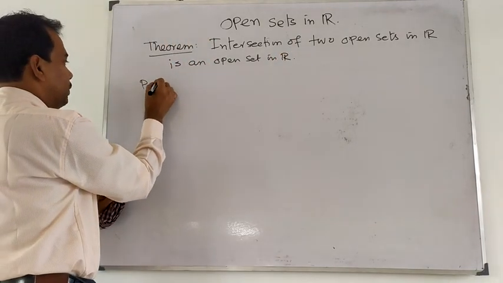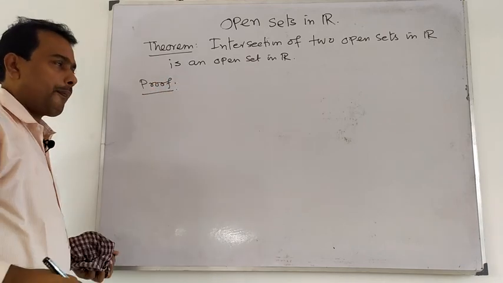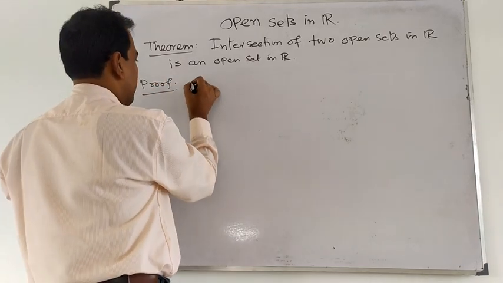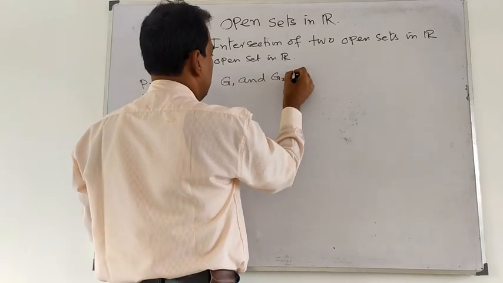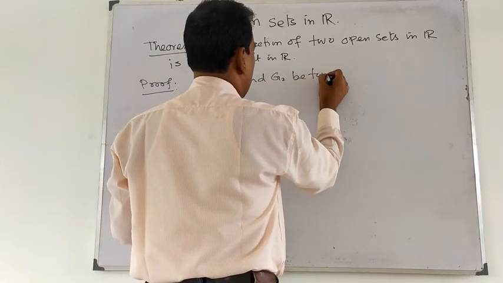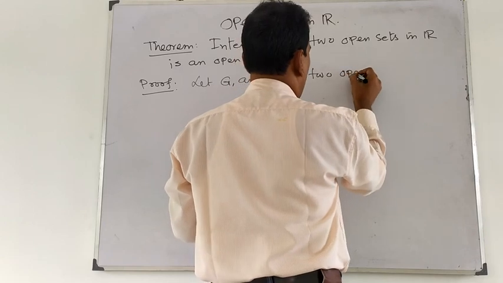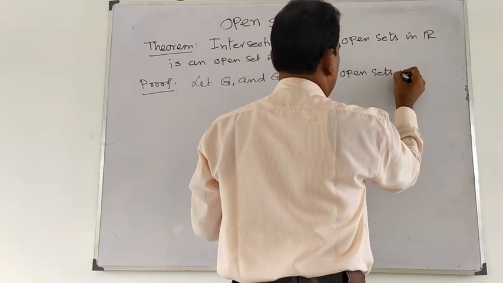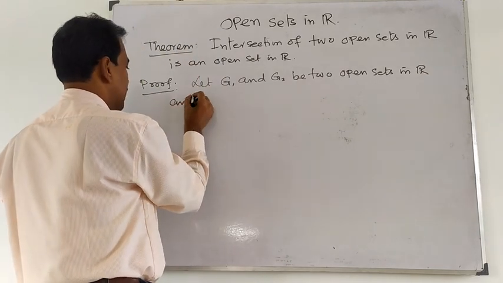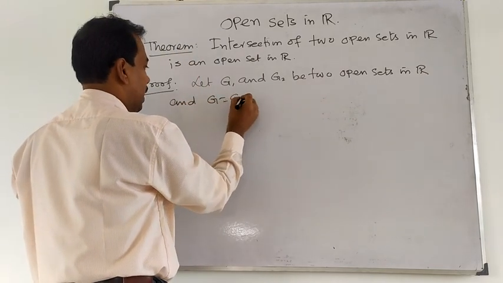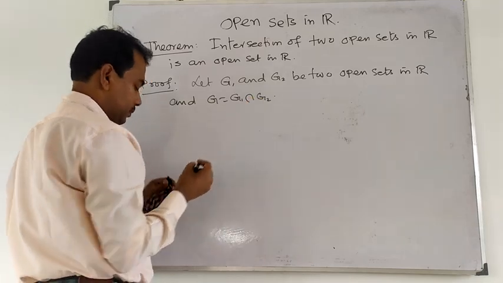Now we prove this result in detail. Let G1 and G2 be two open sets in R, and G equal to G1 intersection G2.